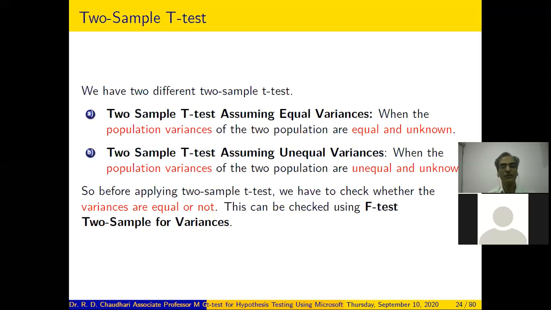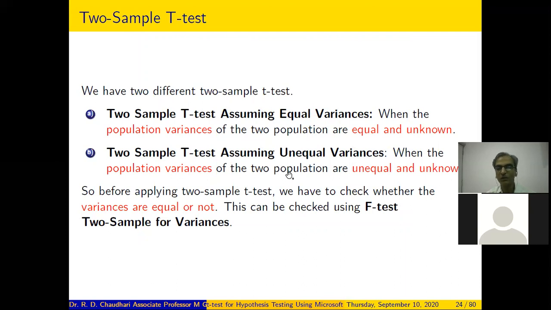When we have to compare two populations and the population variances are assumed to be equal and unknown, then we can use the two sample t-test assuming equal variances, right?